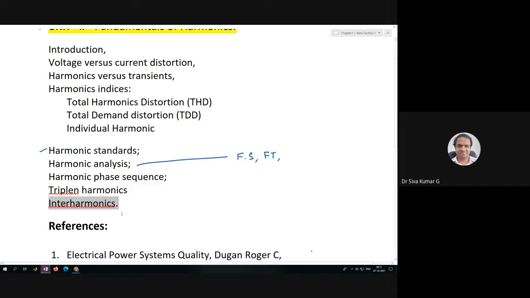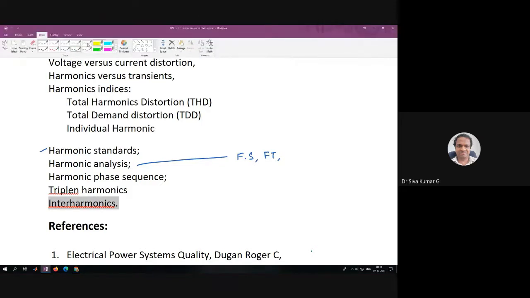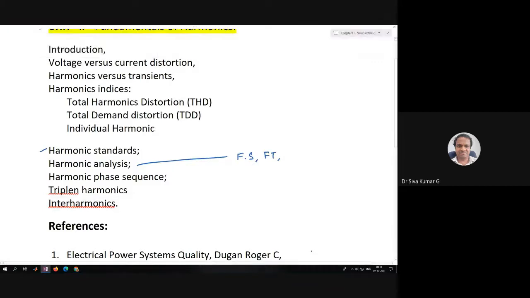Also, in a system where the connected load is changing very intermittently, because of arc furnaces, in that case we will have interharmonics.